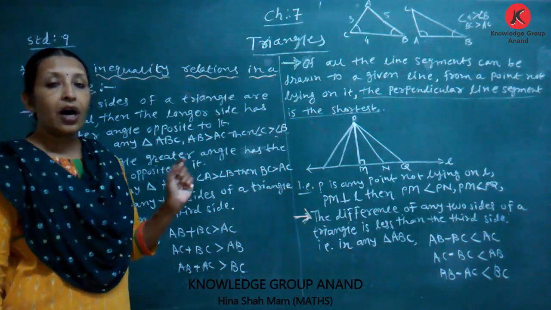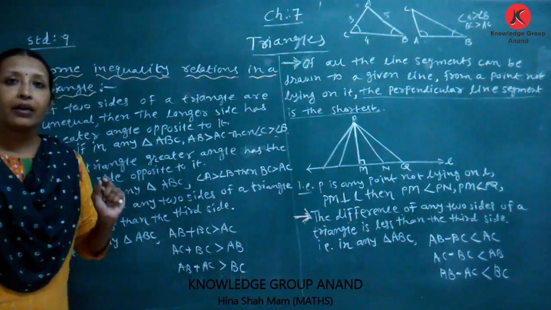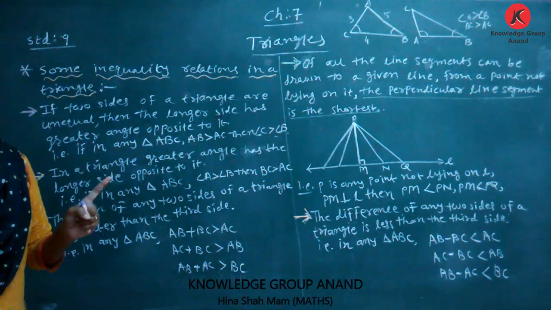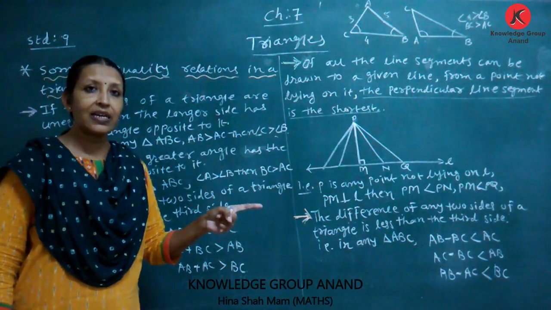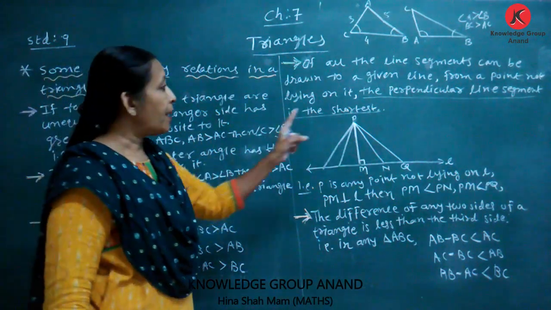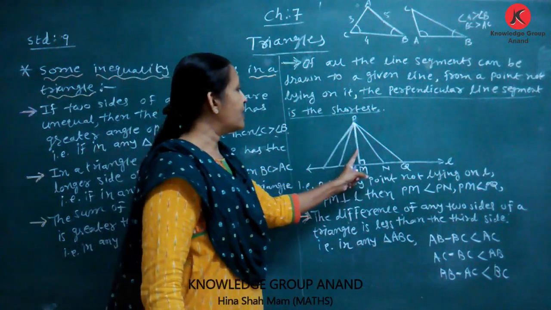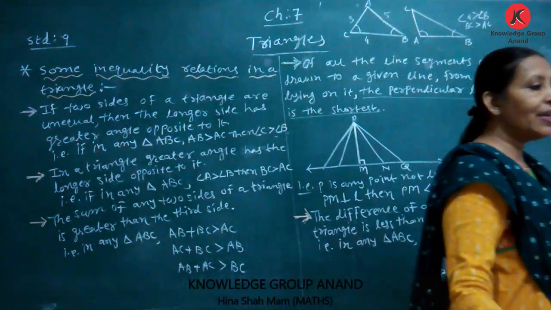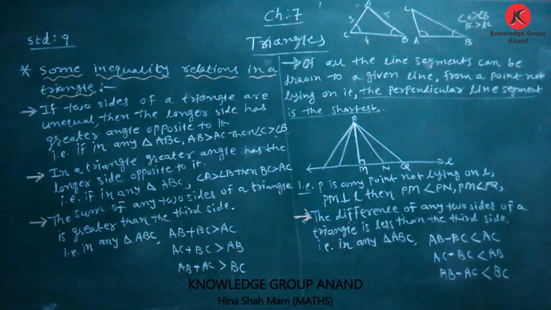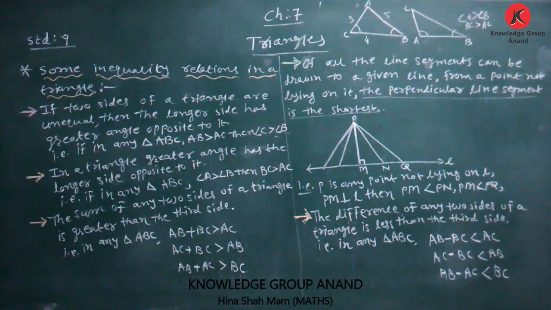In a triangle, the sum of two sides is greater than the third side and the difference of two sides is less than the third side. And the perpendicular line segment is the shortest among all the line segments drawn to the line from any point not lying on L.